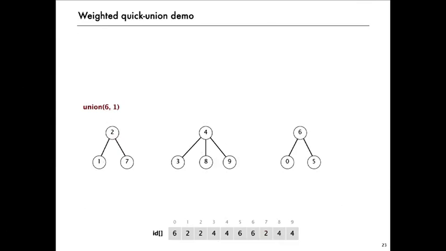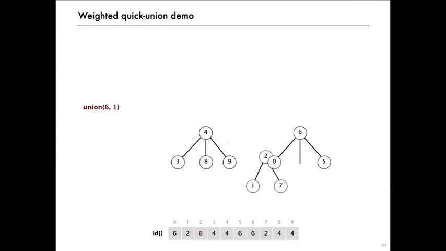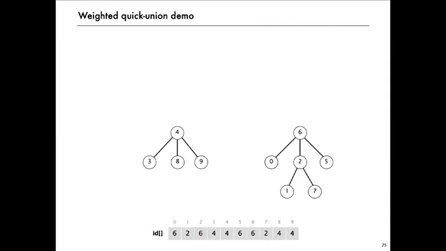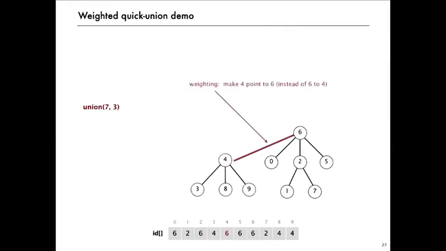They're in equal size trees. And 7 and 3, 3's in the smaller tree, so it goes below. So the weighted algorithm always makes sure that the smaller tree goes below.